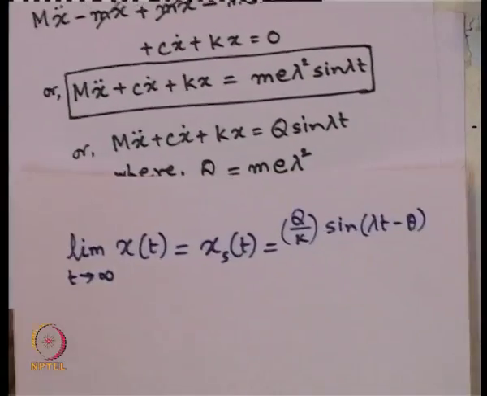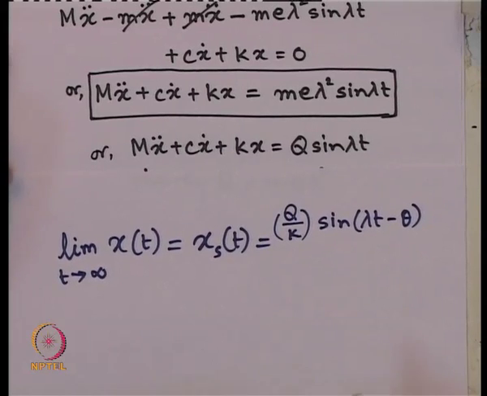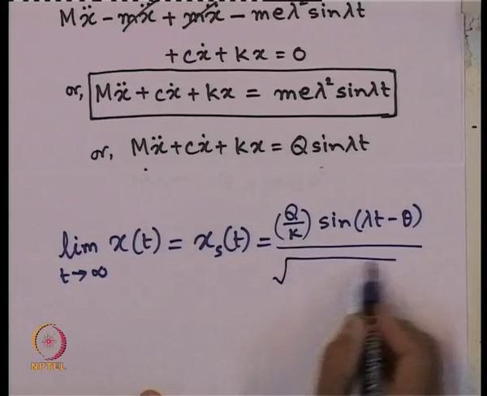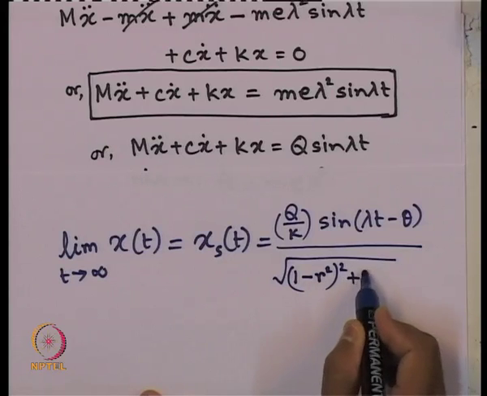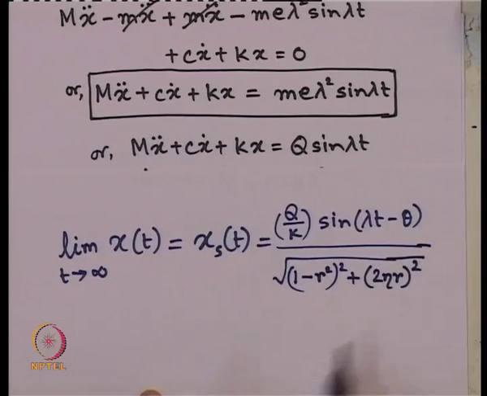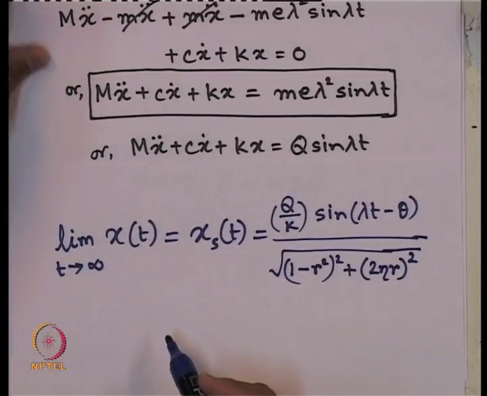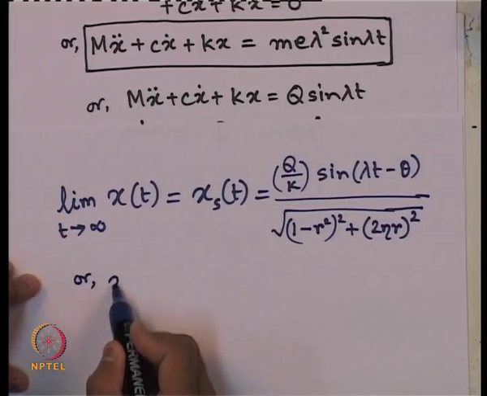Fine. Let me take this equation once again for you. Yes, this divided by root over the same thing, 1 minus r square whole square plus 2 eta r whole square.